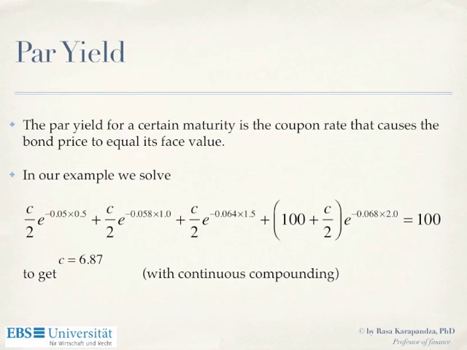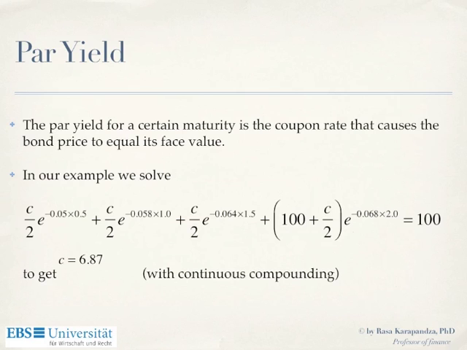So if we solve this equation, and this equation is easy to solve, it's not non-linear in C, it's linear in C. It's very easy to solve, actually. And by solving for C in this equation, you will get that a coupon rate of 6.8% paid semi-annually will make this bond worth exactly its face value, which is $100.